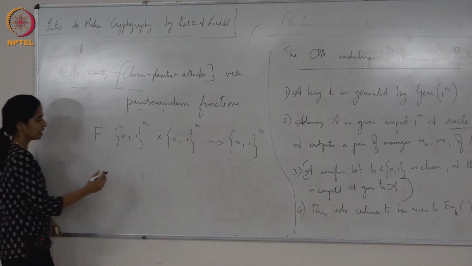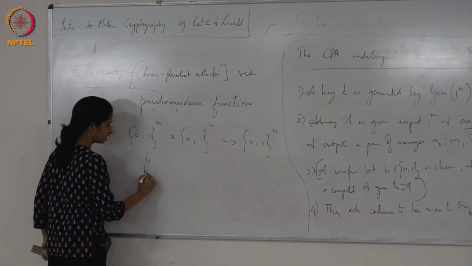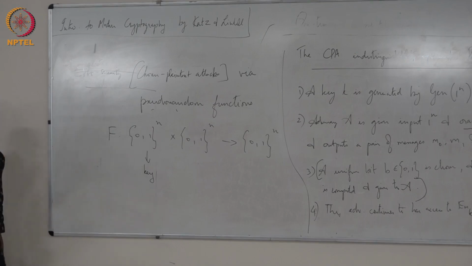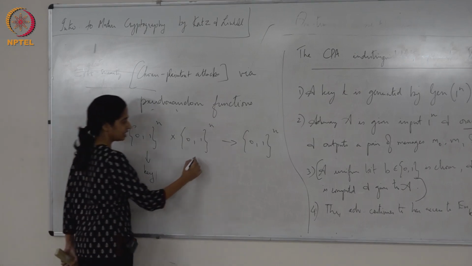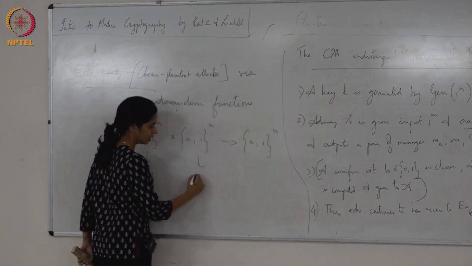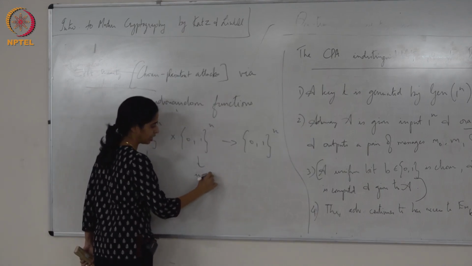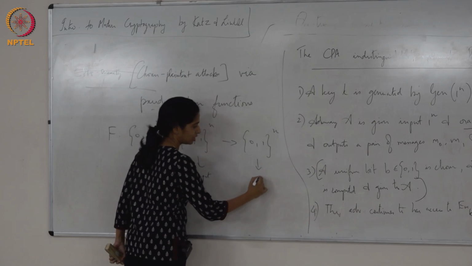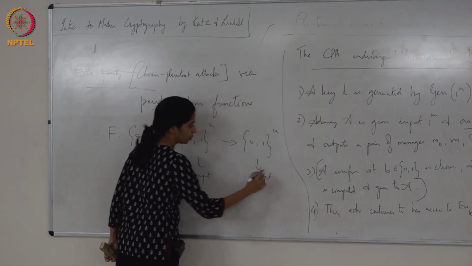Okay, and you can think of this first input as your key, and the second input as some input that you're actually trying to compute over. So I'll just call it input for now, and this is your n bit output.